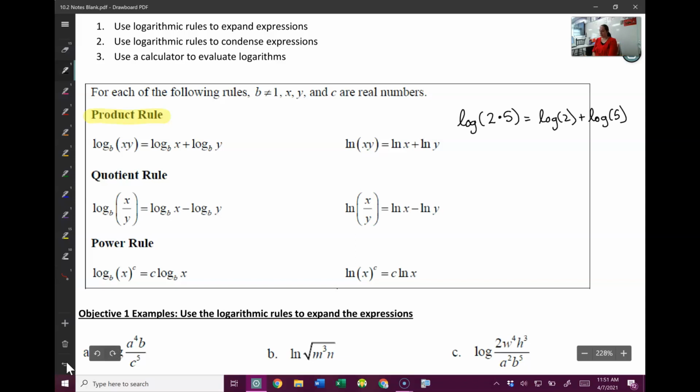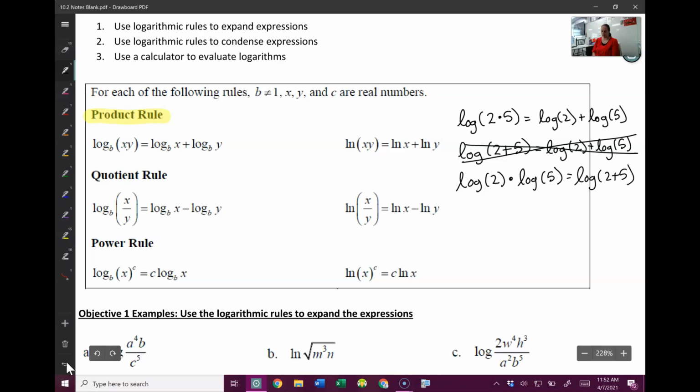But a couple things I want to do really carefully. I cannot do log of 2 plus 5 and change it that way. That does not work. I also cannot do log of 2 times log of 5 and change it to log of 2 plus 5.